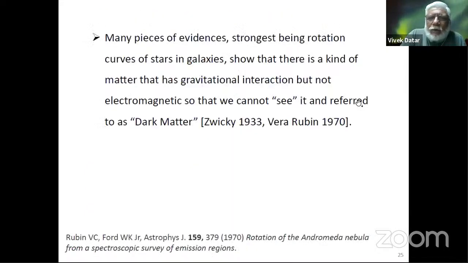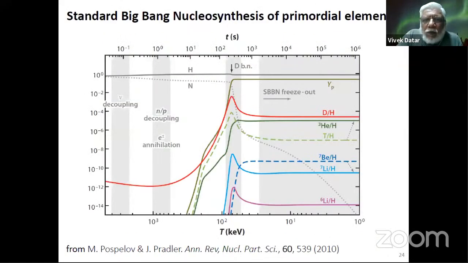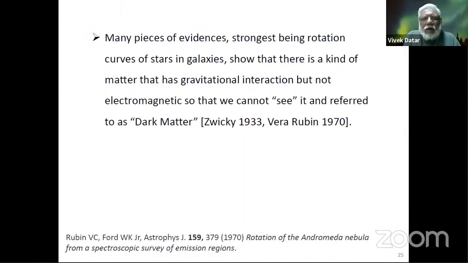Now, this is as far as the matter that we know that can interact with electromagnetic radiation is concerned. However, Zwicky had proposed, and Vera Rubin actually in 1970 showed from certain observations, that there is a different kind of matter that exists in the universe, with an abundance about 5 times or so the normal matter.